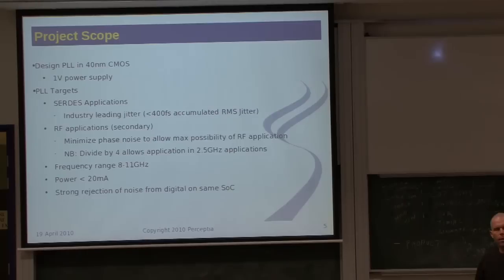The typical use of a phase lock loop would be to multiply a clock. So if I've got a reference clock coming in at 25 megahertz, which is typical of a crystal, but I actually want to run my microprocessor at 3 gigahertz, which I guess is pretty typical in this day and age, then I somehow need to create a clock that is somewhere in the order of 100 times faster.